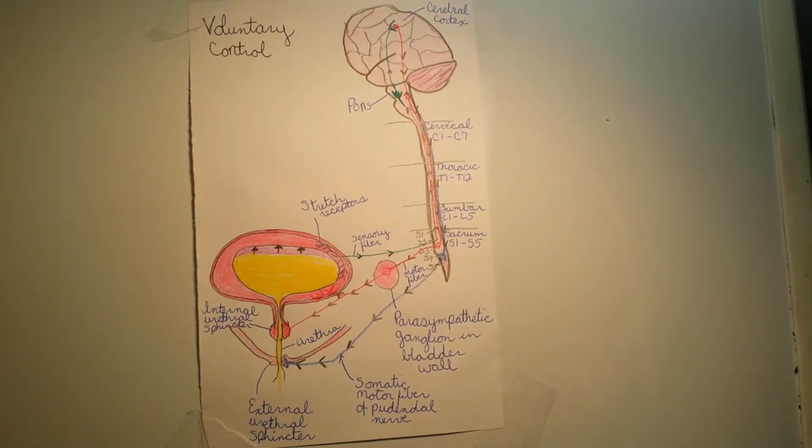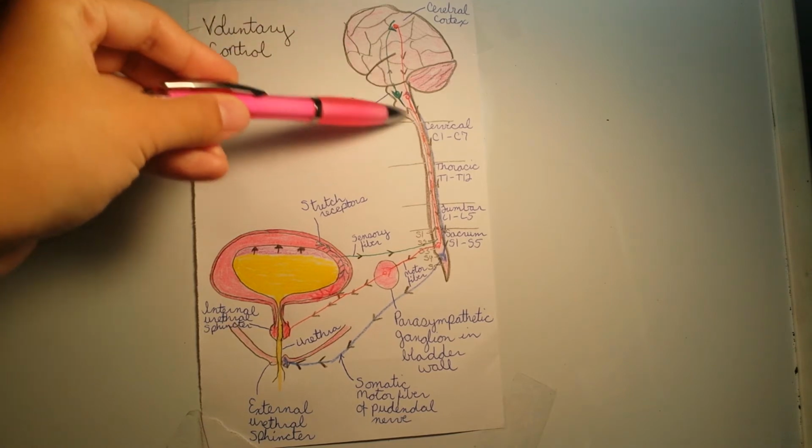Within that, there are three different ways it can go. When it's time to urinate, the pons receives that signal and returns that signal to the spinal interneurons.